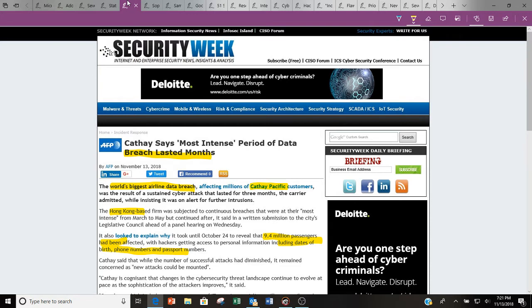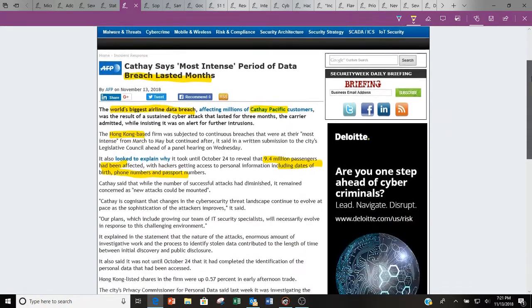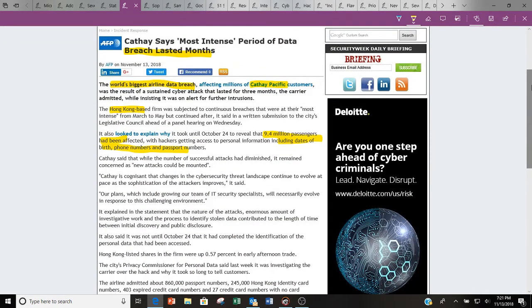Last week we talked about Cathay Pacific, which is a Hong Kong-based airline. Again, they still are in the news for having their breach of 9.4 million passenger data records, including passport numbers, phone numbers, dates of birth, definitely PII, personally identifiable information.